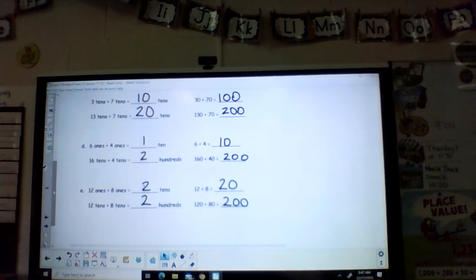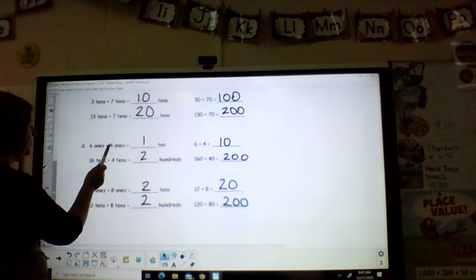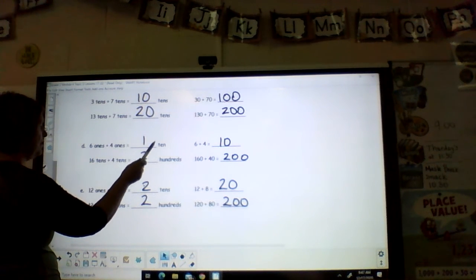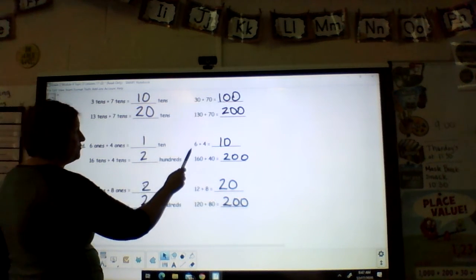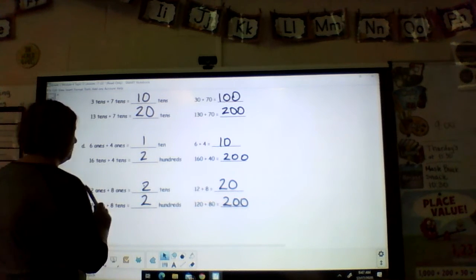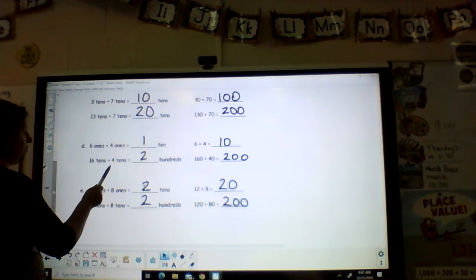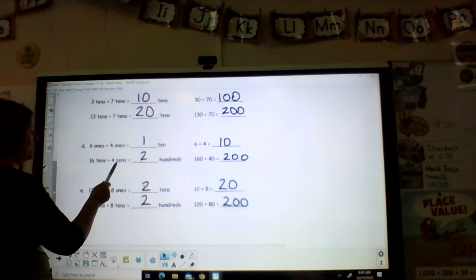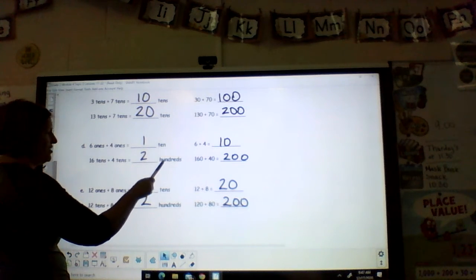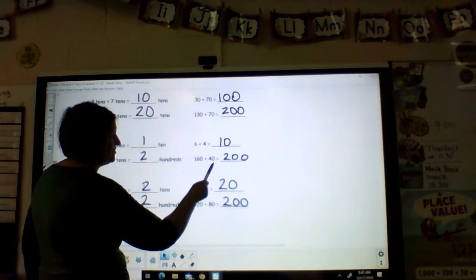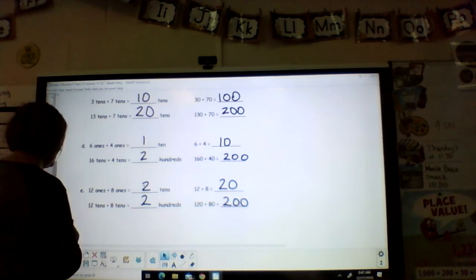All right, let's look at our answers. So 6 ones plus 4 ones equals 1 stick of 10, which means 6 plus 4 equals 10. 16 tens plus 4 tens is 20 tens, which is the same as 2 hundreds. So 160 plus 40 is 200.